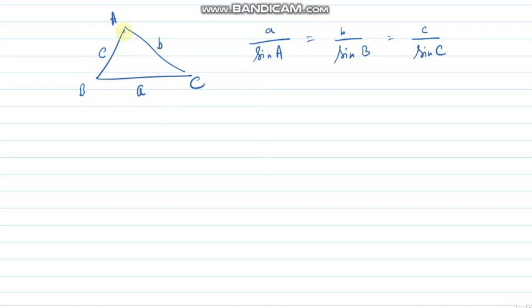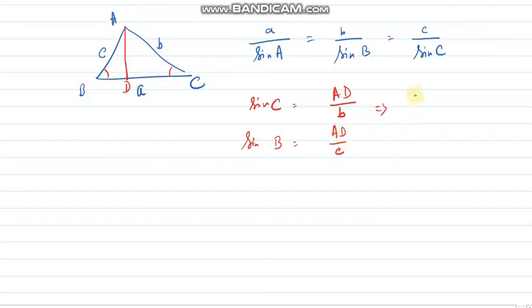If I drop a perpendicular AD, then from triangle ADC we can write that sine C is equal to AD divided by b. And from triangle ABD, sine B is equal to AD divided by c.